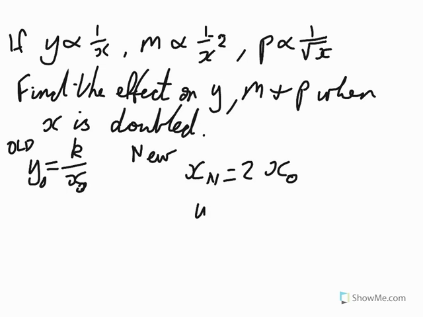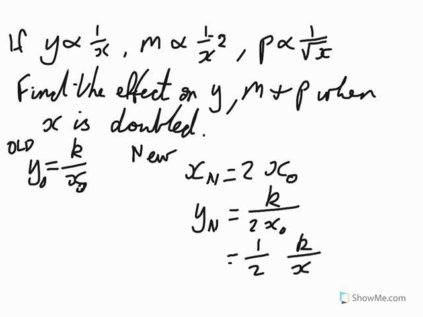So y new then will be k over 2x old, and that would be a half k over x old, and 1 k over x old is a half of y old. So what's the effect? The effect is y is multiplied by a half, divided by 2, however we want to describe it.